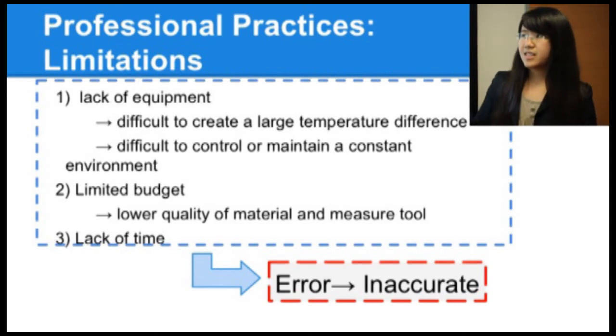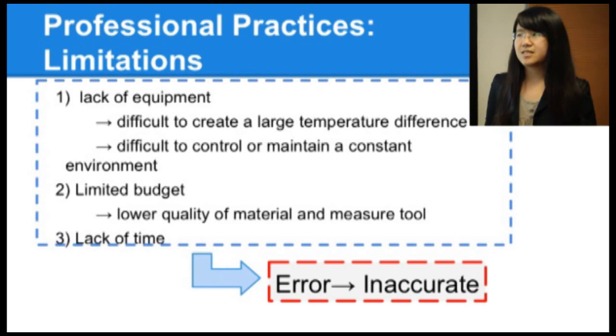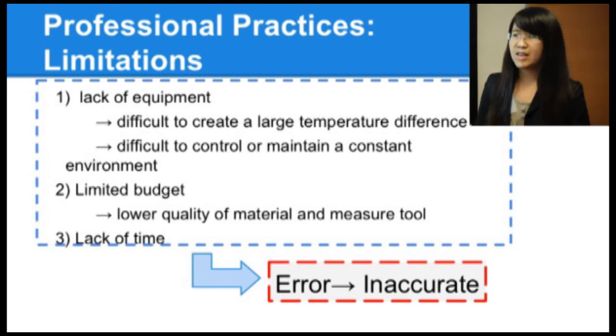Second is the limited budget, as we need a lot of money to purchase different kinds of materials, and those materials are very expensive. We also need more accurate measuring tools, like a more sensitive thermometer. If we do smaller-scale experiments, the quality of materials and measuring tools will be lower, so the error will be larger.